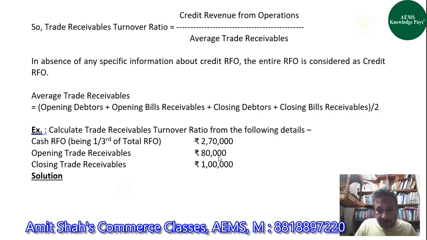Two-third. Two third, very right. So credit RFO is two third of total RFO.